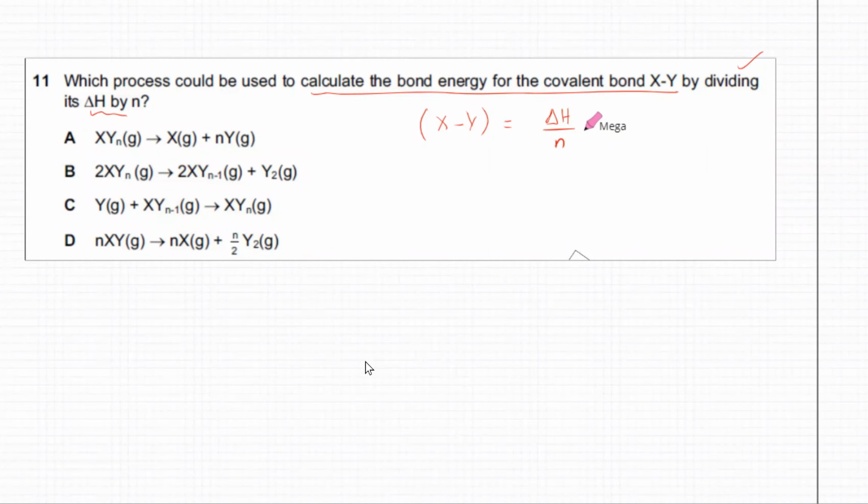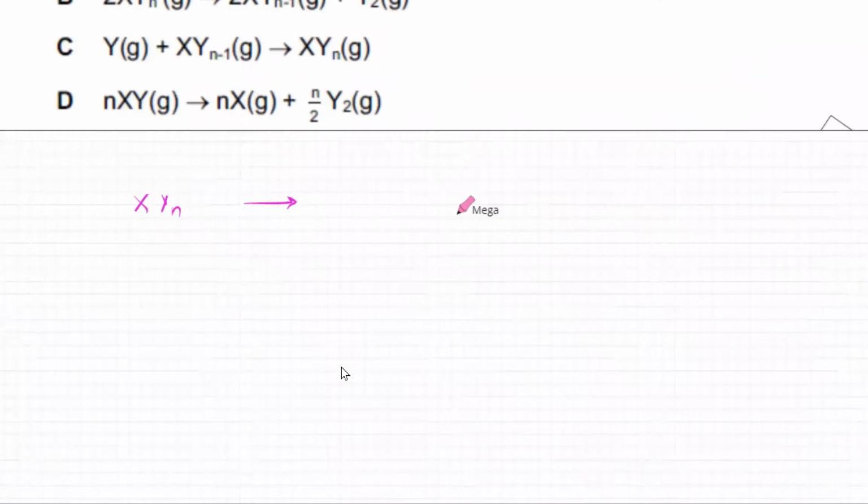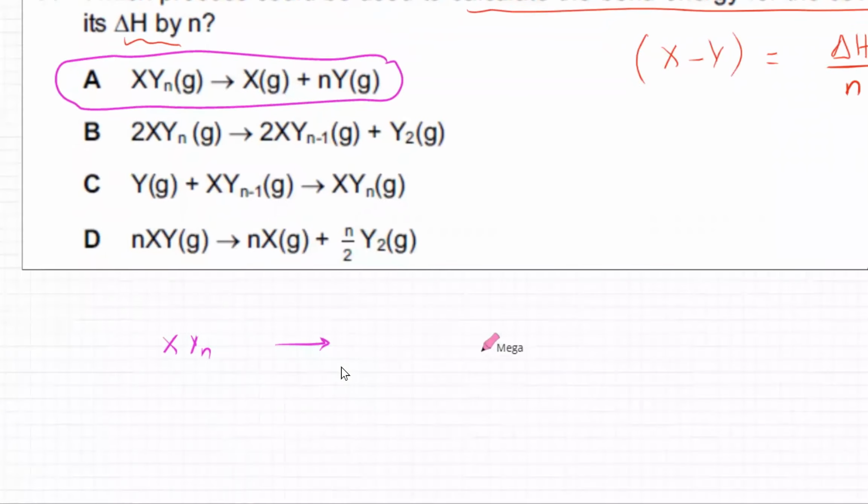So we need to find out which option gives us that expression. I'm going to look at option number 1 first, which is A. What you'll notice is that there's XY, N, and it changes into X gaseous atoms plus NY gaseous atoms.